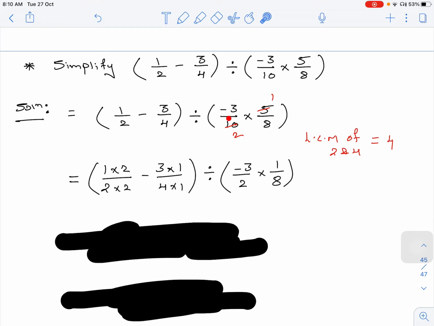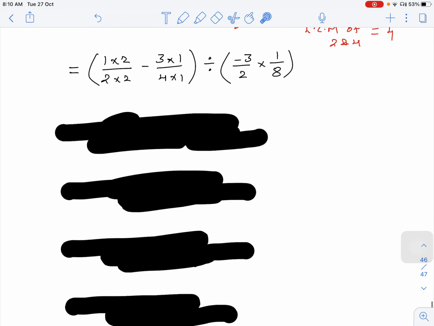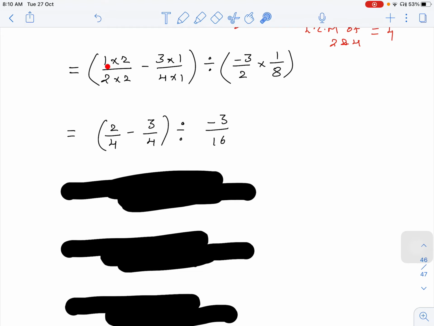Now here you will get minus 3 upon 2 into 1 upon 8. Next, 2 ones are 2, 2 twos are 4, we have written. Then 3 ones are 3, 4 ones are 4, divided by. Now numerator to numerator we will multiply, and denominator to denominator. So minus 3 into 1, minus 3, and 2 eights are 16.